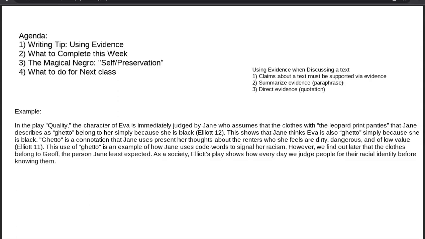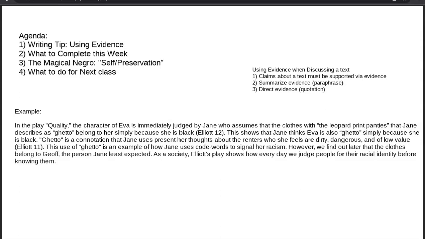So whenever you write and you say something about almost anything that you believe is true, what you're doing is making a claim. You're saying that X is Y. You know, this means that. You're making an assertion of an idea. Even if that assertion of an idea is about a play, a book, whatever, it's still a basic claim.